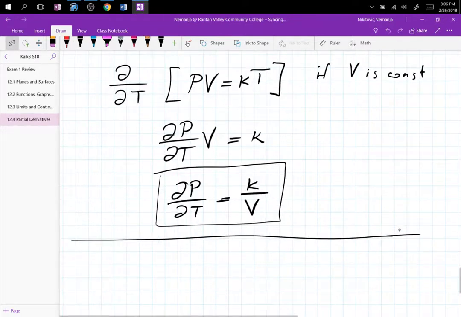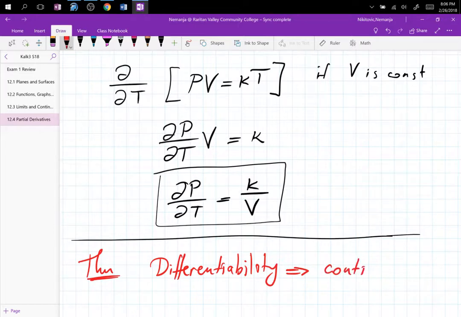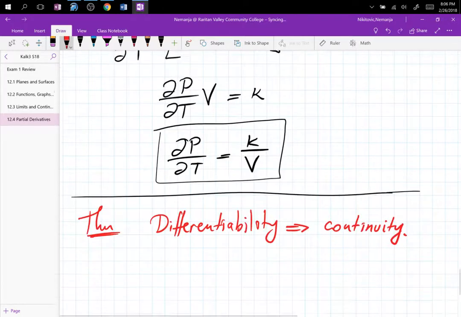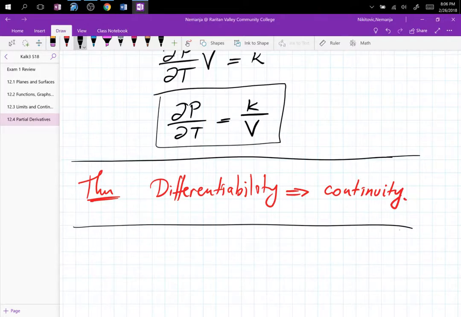So I'll put over here: theorem, differentiability implies continuity. It doesn't work backwards, just a one way street. And the proof is the same, like in Calc 1 you have the special function, you plug that in and it works.